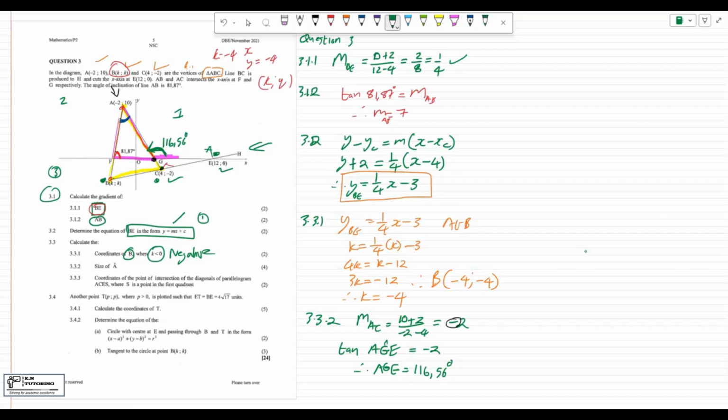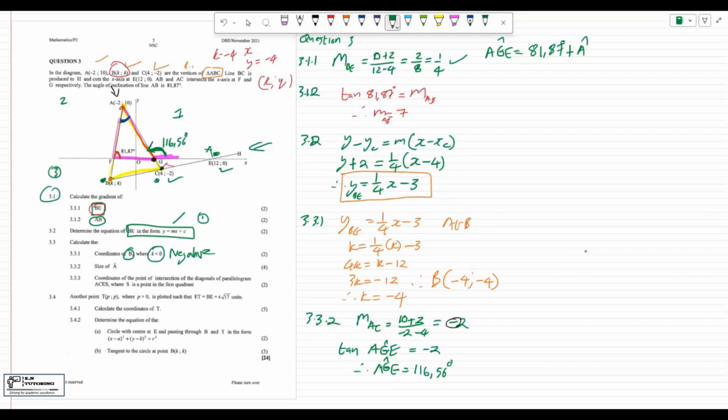But I know according to trigonometry, angle AGE is going to be the sum of the interior opposite angles, which is going to be 81.87 degrees plus the angle A, which is what we are looking for.